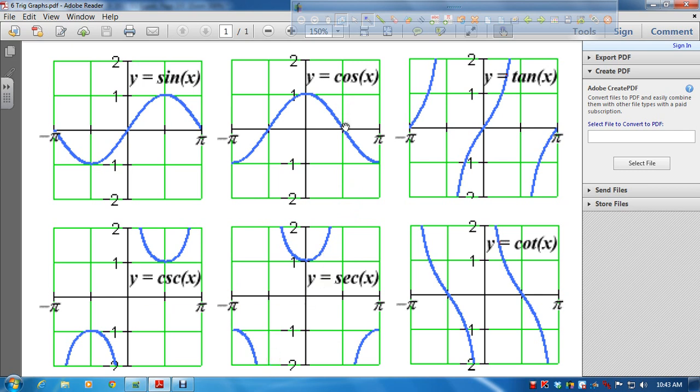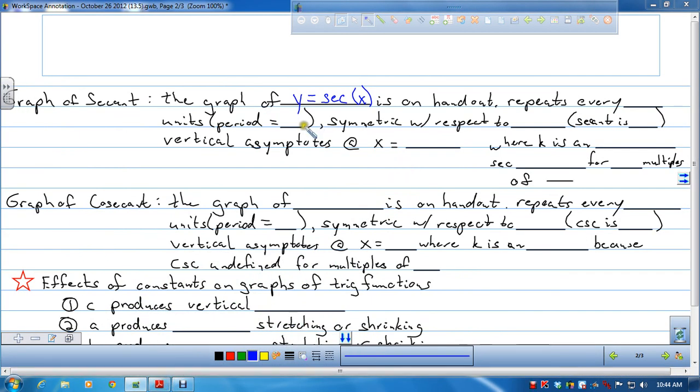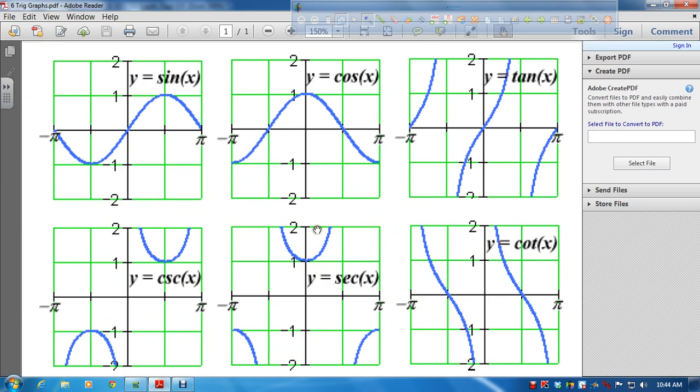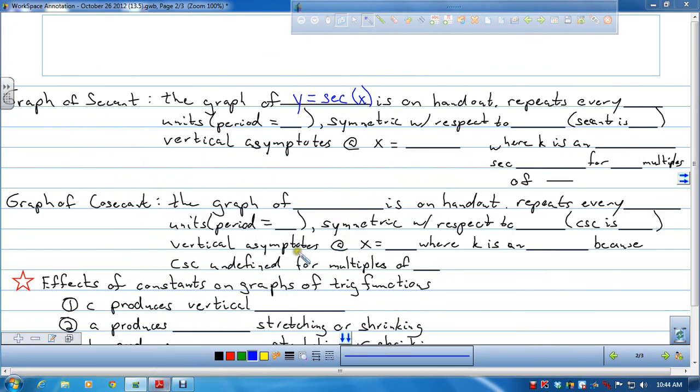So wherever cosine equals 0, right here and right here, remember when you flip that over, 0 would be in the denominator, therefore the secant has asymptotes there because it is undefined. As you could tell, the secant does appear to repeat itself every 2 pi, just like its reciprocal function did.